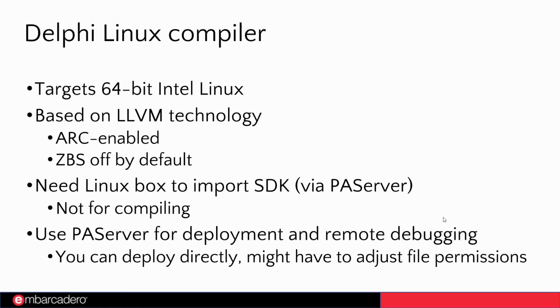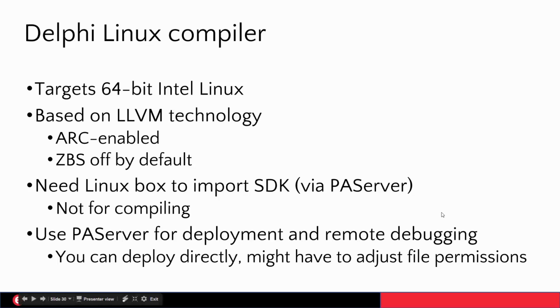The compiler is based on the LLVM technology, like all of our latest compilers for new platforms. It's ARC-enabled and uses the standard string access model offered by Windows. Although there is no notion of an ANSI string, you can use Unicode strings, UTF-8 strings, or undefined raw strings.